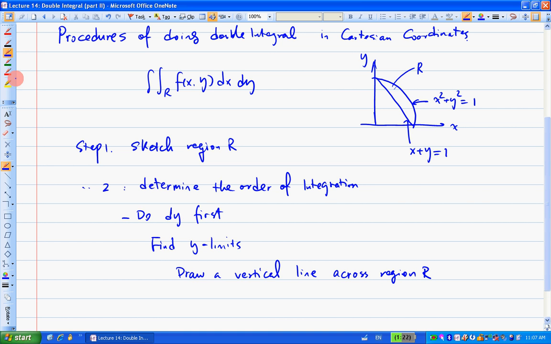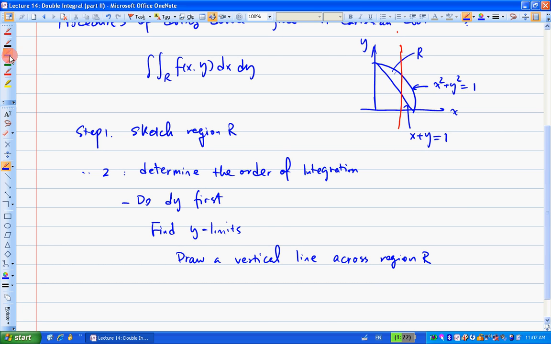So for example, right here, we're going to draw it like this. This is not quite vertical, but you draw vertical lines like that, crossing this region R. Then imagine there is a stick man here who starts to walk.